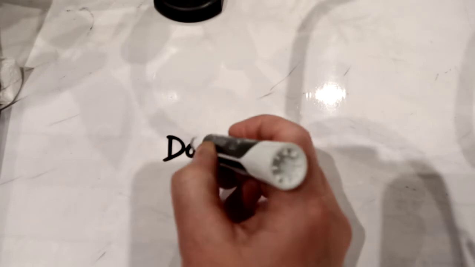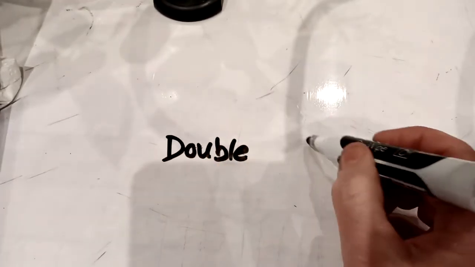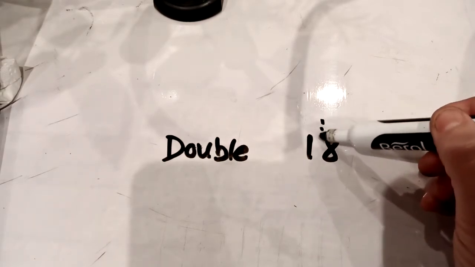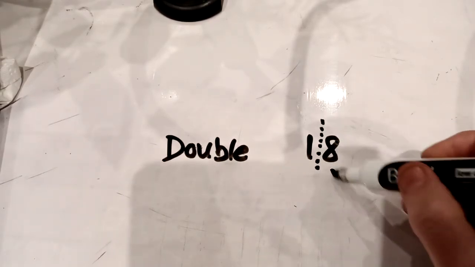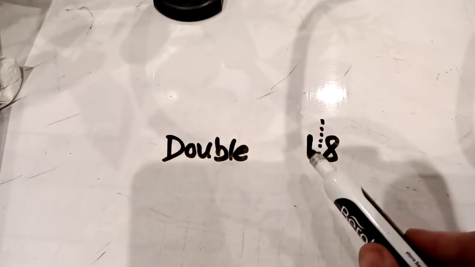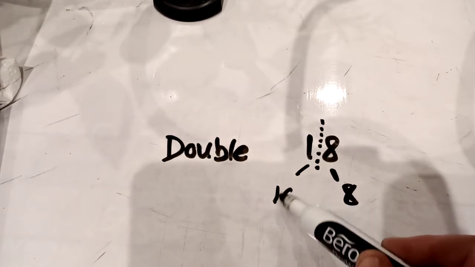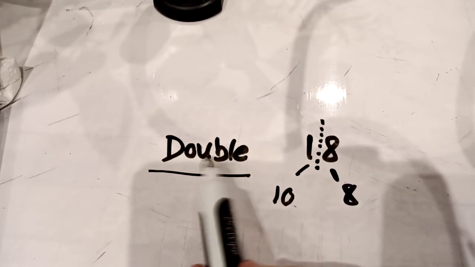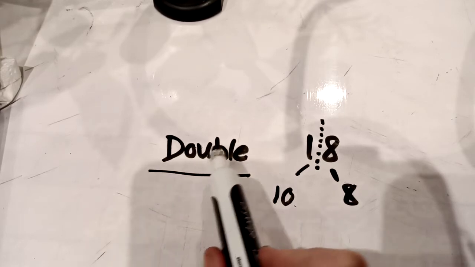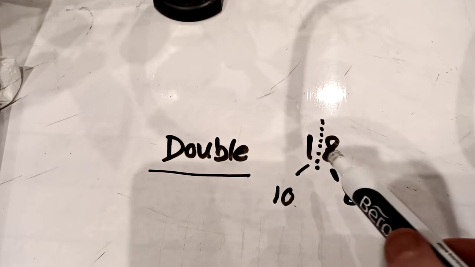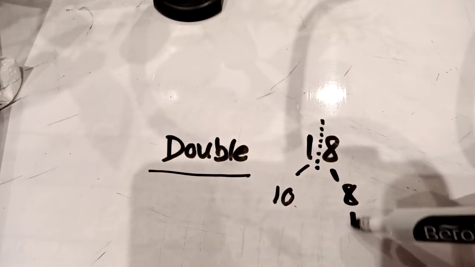Okay, next question is double and half. I'd like you to double 18. For this, we're going to partition the 18 into an 8 and a 10. Now we're doubling. Doubling means you add an 18 and an 18 together. So we need to make 2 of them. What's double 8?